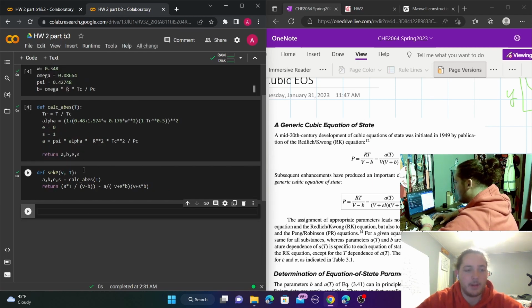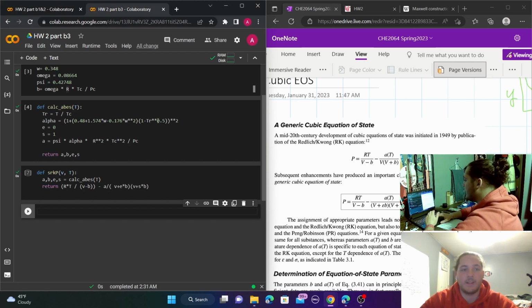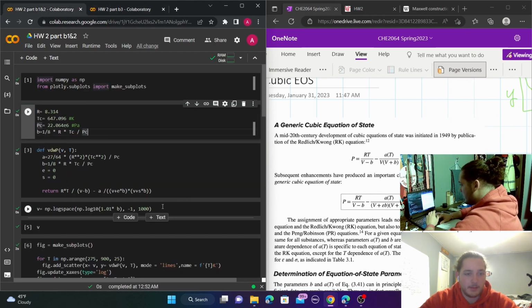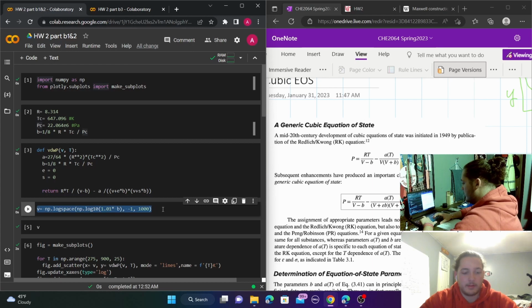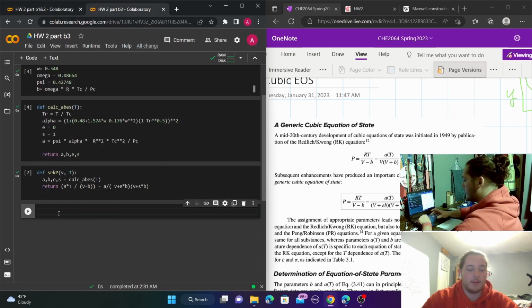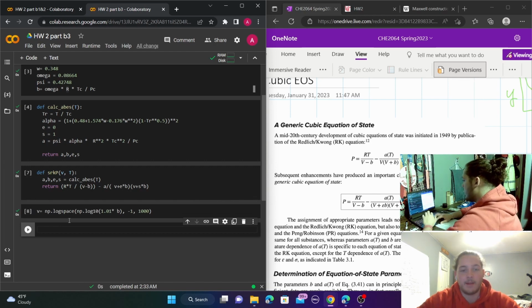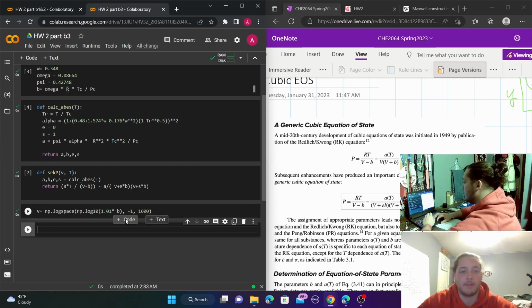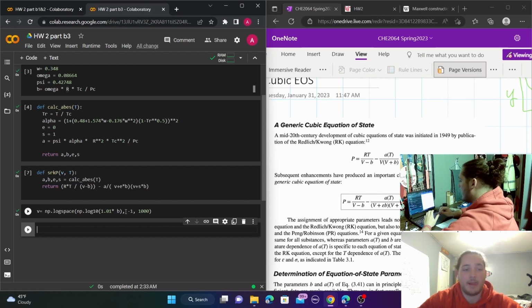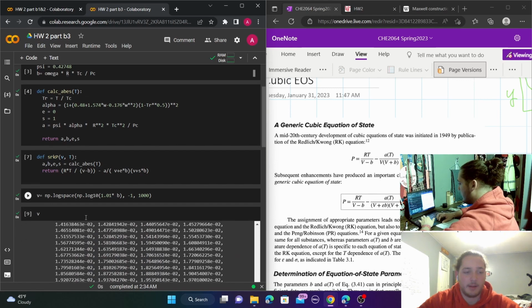Okay. So now we are going to need to set up something in order to plot. So I can go back to this, and we're going to select that from part B1. And that is adding 1,000 increments of log base volumes, and it's just giving us an array, as you can see right there.